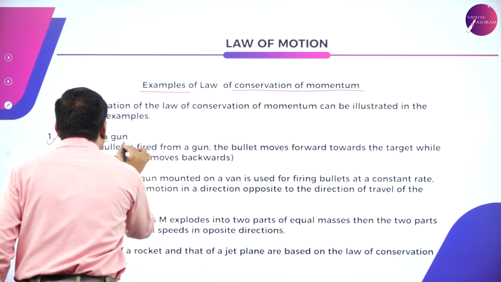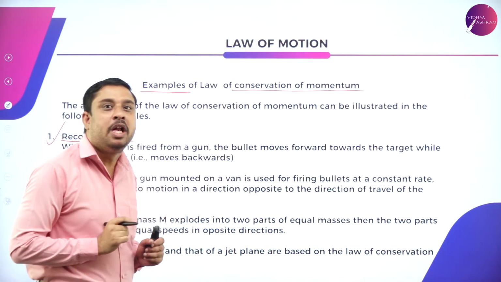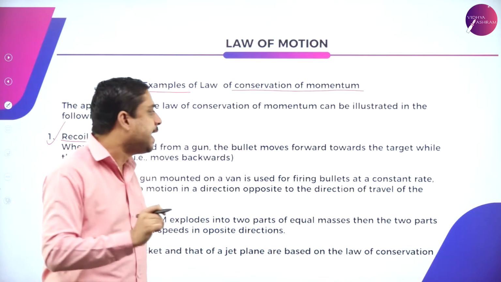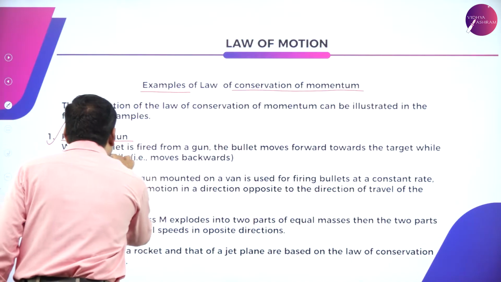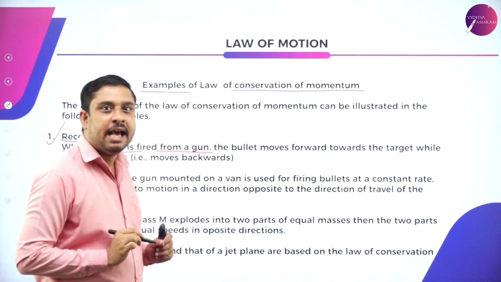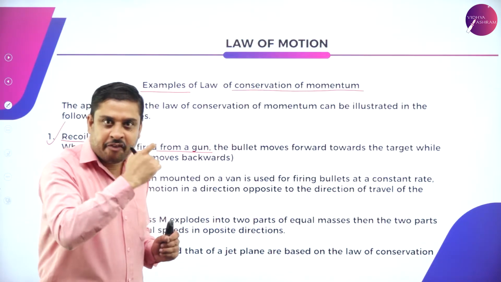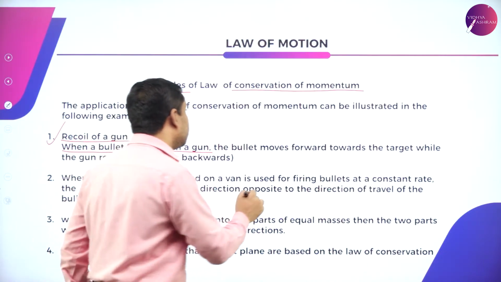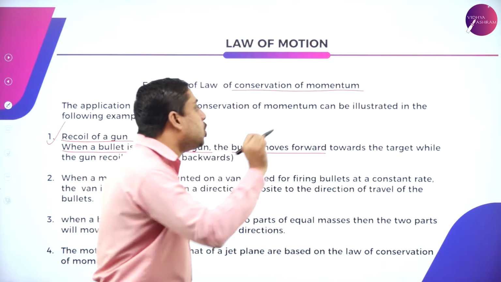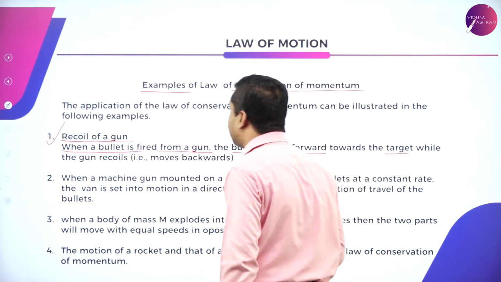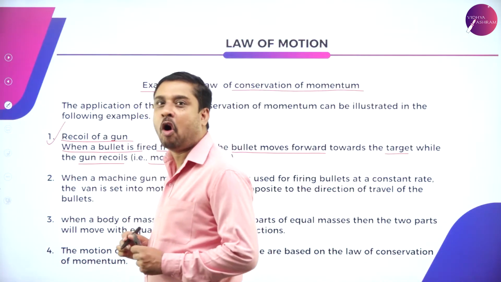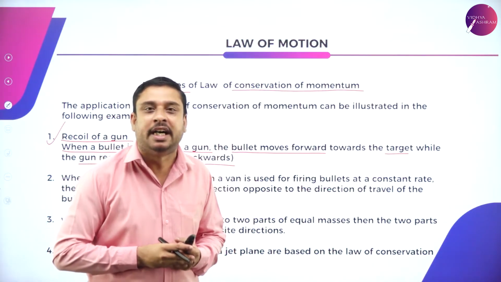First one, a common example of recoil of the gun. You see, when a bullet is fired from a gun, as we fire a bullet from the gun, the bullet moves forward towards the target while the gun recoils or it moves backwards.